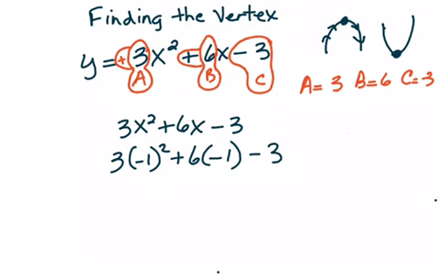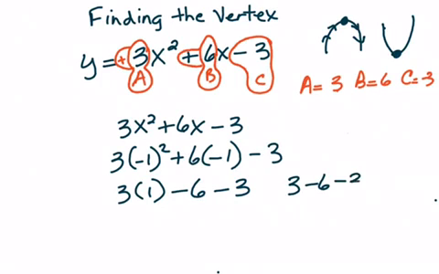Now we just use PEMDAS and solve this problem. 3 times 1, then positive 6 times negative 1 is negative 6, and then minus 3. So now we have 3 minus 6 minus 3. So it's going to be 3 minus 9, and that's going to equal negative 6.